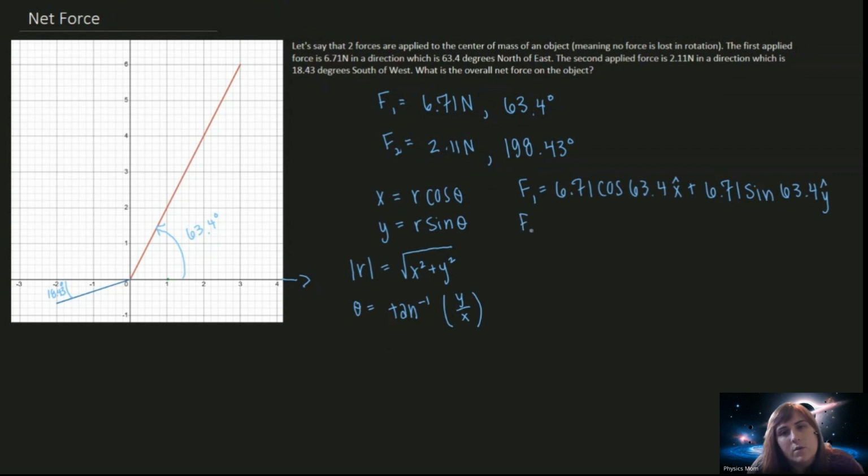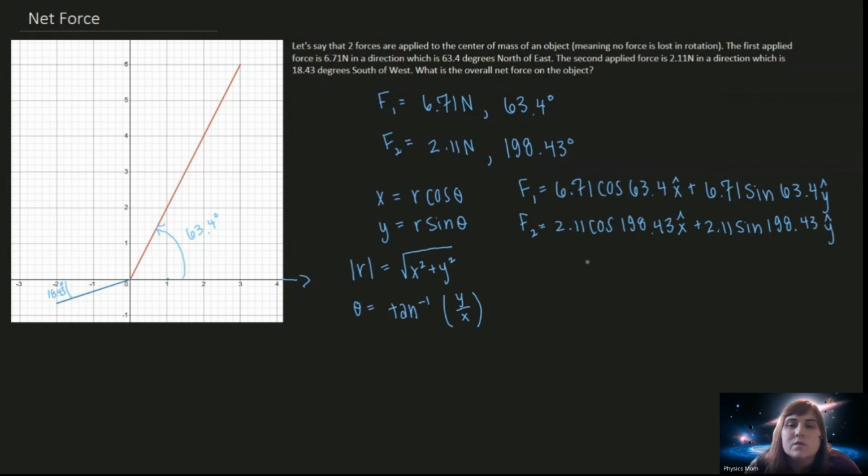My second force is going to be 2.11 times the cosine of 198.43 degrees in the x hat, plus 2.11 times the sine of 198.43 degrees in the y hat.